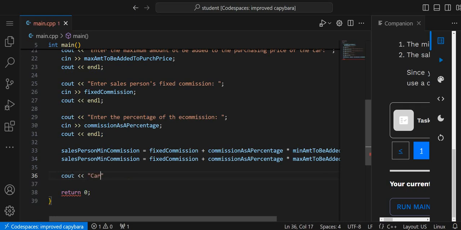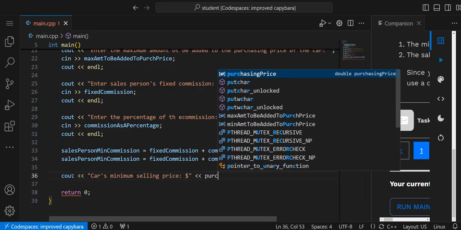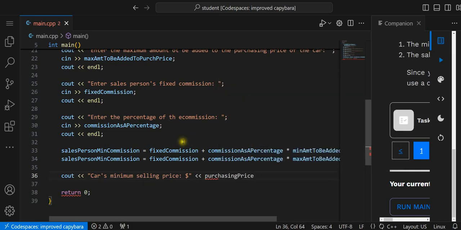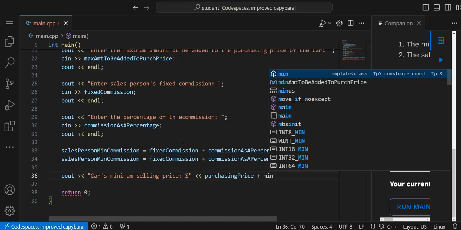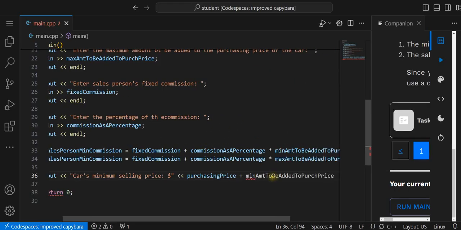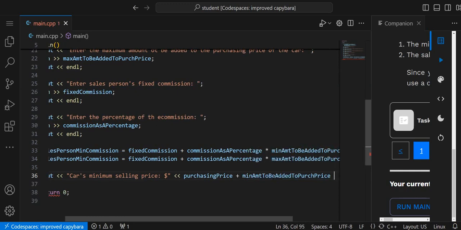First one, car's minimum selling price, dollar sign, and purchasing price plus minimum amount added, and the end line.